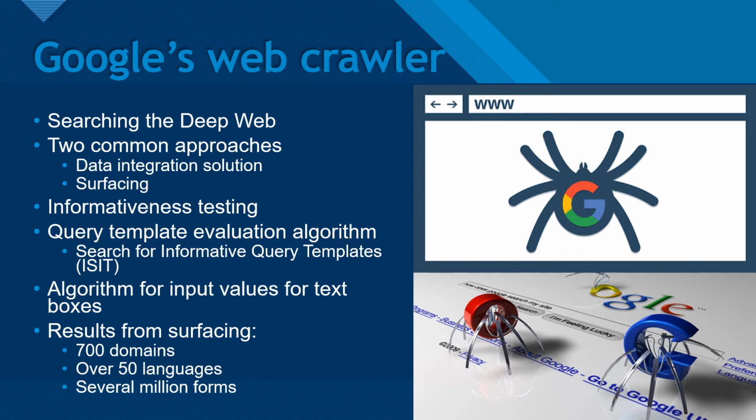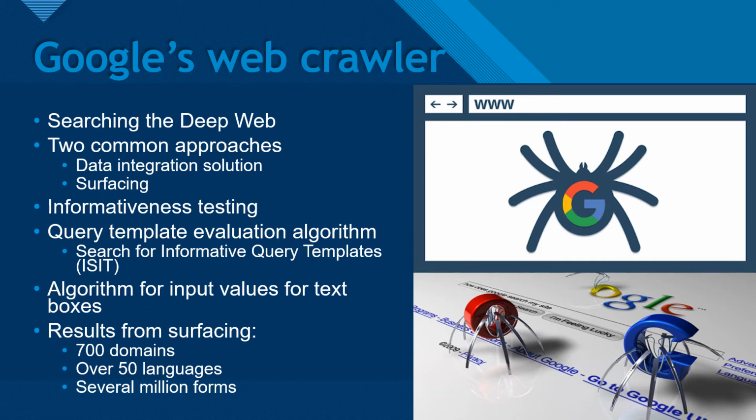The informativeness tests were used to evaluate query templates to select appropriate combinations of form inputs. A template was considered informative if it generated pages that were sufficiently distinct, and a signature was computed for content of the resulting web pages from each form submission.